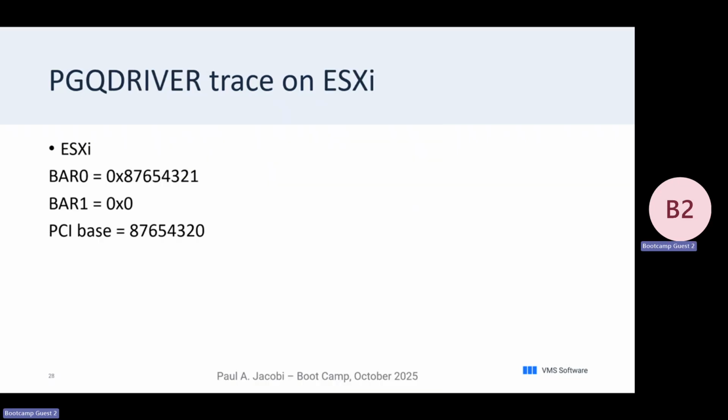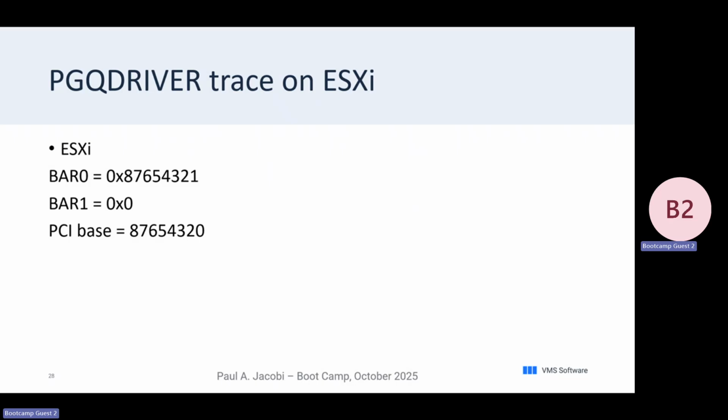So we ran our tracing driver first on ESXi when we knew everything was working. We found BAR 0 had a nice address in it, but BAR 1 was all zeros. So we combined the low bits in BAR 0 with the high bits in BAR 1. We really only came up with a 32-bit I/O space address. Well, that was fine.